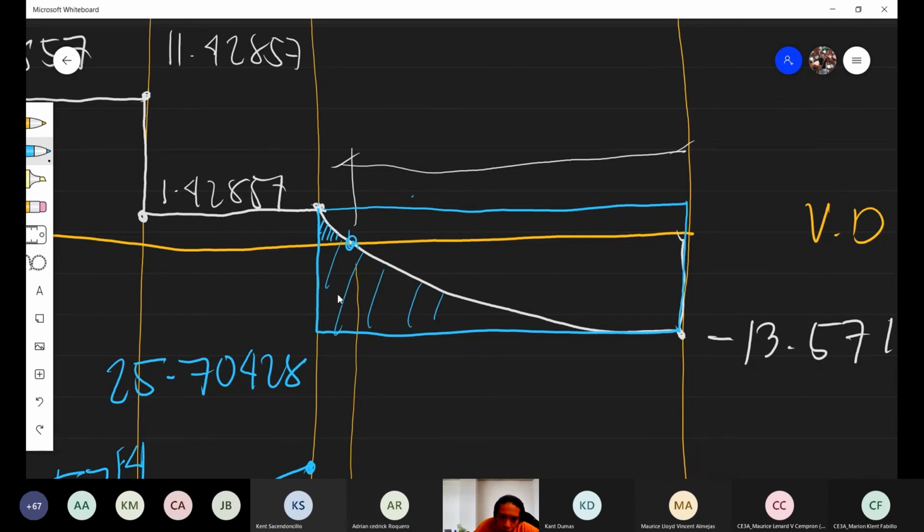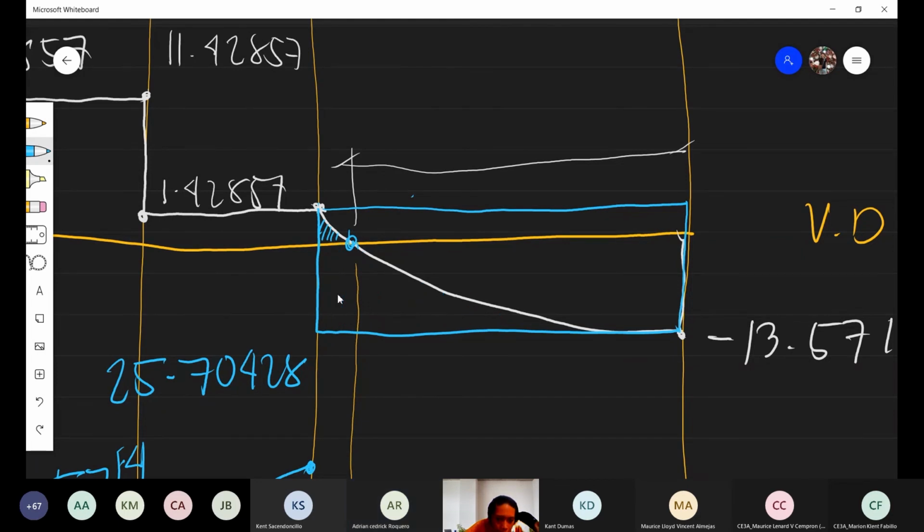Say yes if you agree. Then, sir, there is a rectangular area and a small spandrel. Wait, I don't get it. The biggest spandrel, the bigger one, is from the minimum, from the blue point. Okay, I get it.